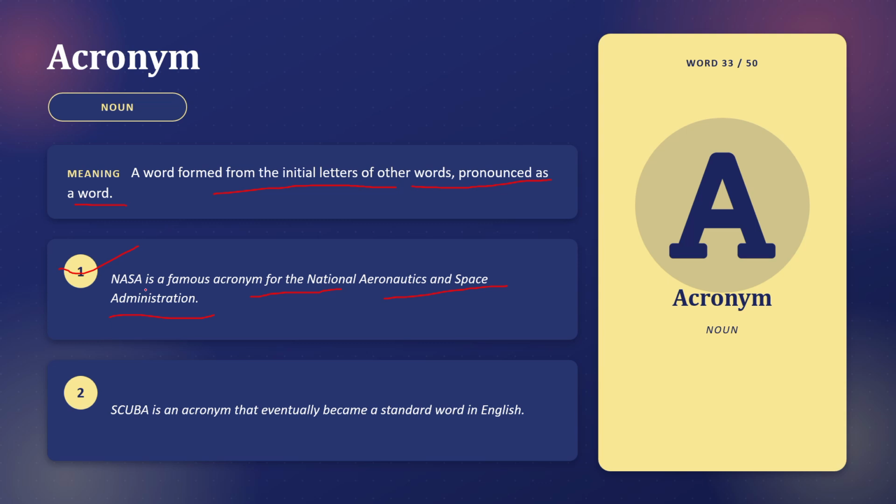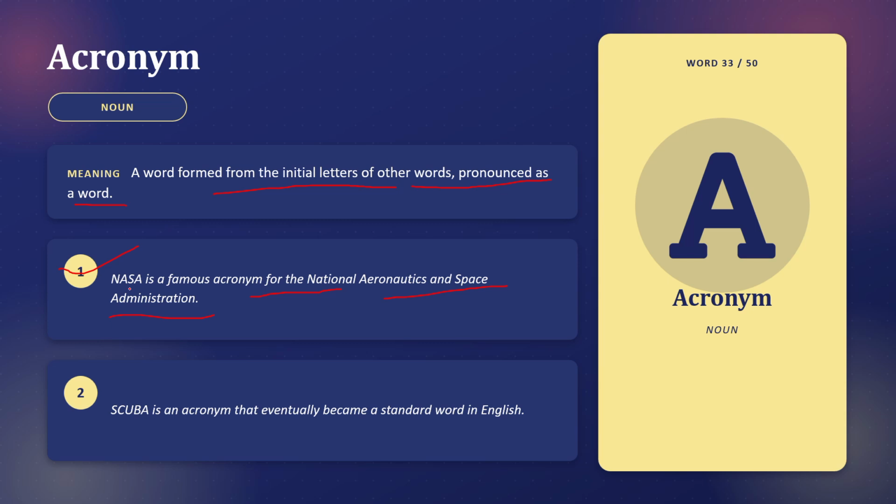NASA is not pronounced letter by letter; it is pronounced as a word, NASA. Like ISRO, Indian Space Research Organisation, ISRO is also pronounced as a word.